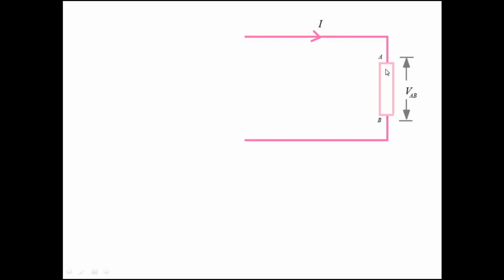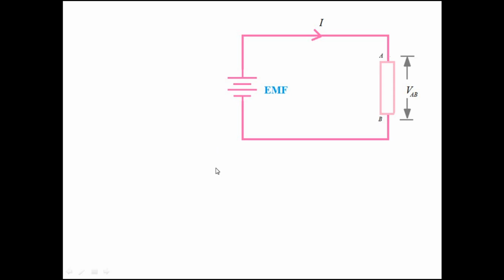We said that in order for the current to flow, there should be a potential difference or energy difference between the points A and B. So it is obvious that there should be an energy source to create this energy difference or potential difference. Then only will current flow. This energy source or electric source is called EMF.